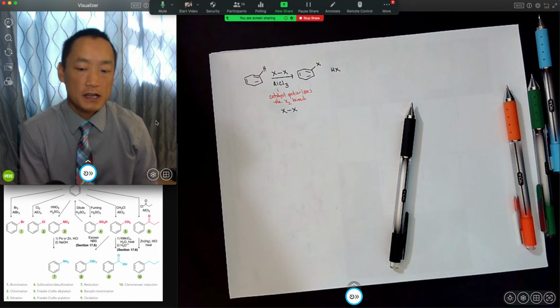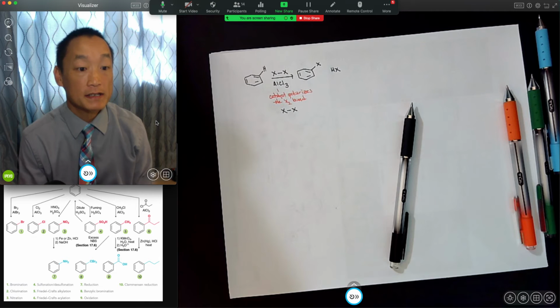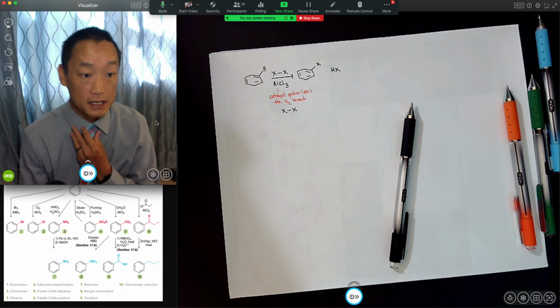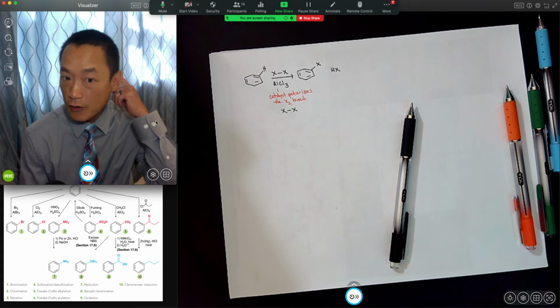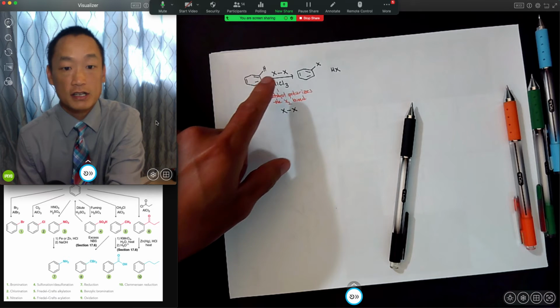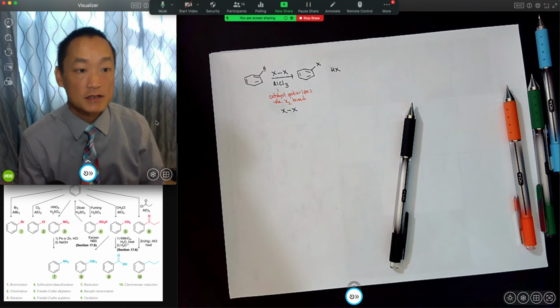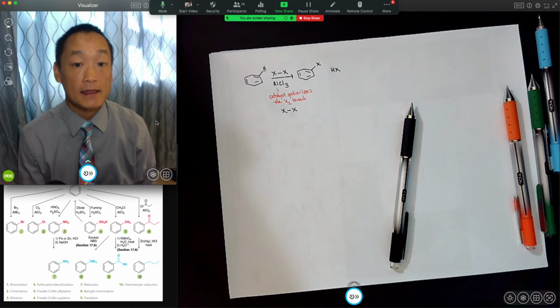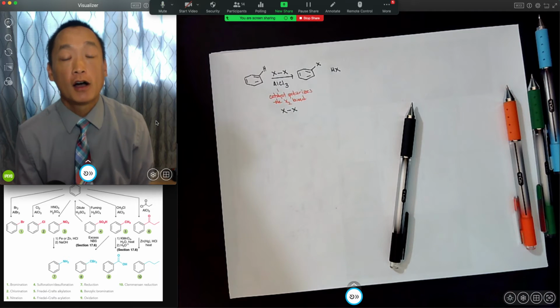Because he has more freedom to roam, it makes him less accessible for me to get into his car seat. And so at that point in time, what I'm thinking is, when we look at these reactions, because these electrons in our nucleophile are zipping around in space, they're a little less accessible. And so what needs to make that halogen more attractive is we have to make it more electrophilic.